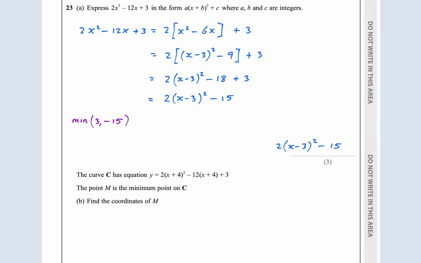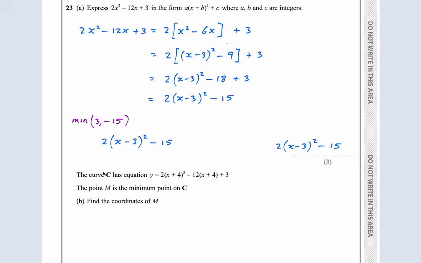And then all you have to do is, your a is always the same, so your a is just 2. Then it's always x minus this number here. If that's a minus, it becomes plus, but it's minus this, so it's minus 3 squared, and then just plus this number, which is plus minus 15, or minus 15. So once you have the minimum, it's very easy to do this. And if you have this, you also have the minimum.